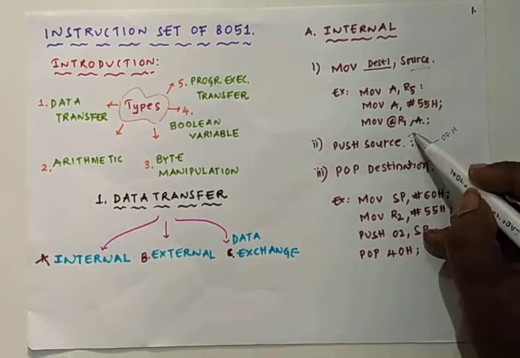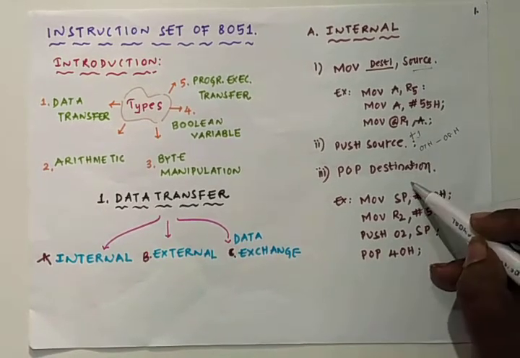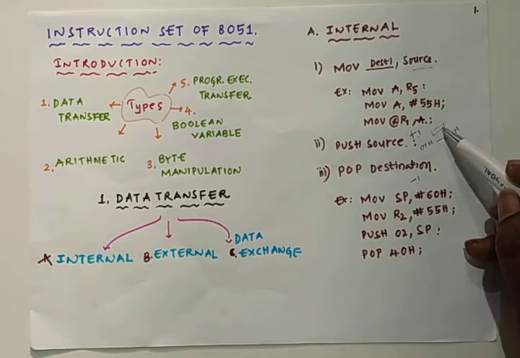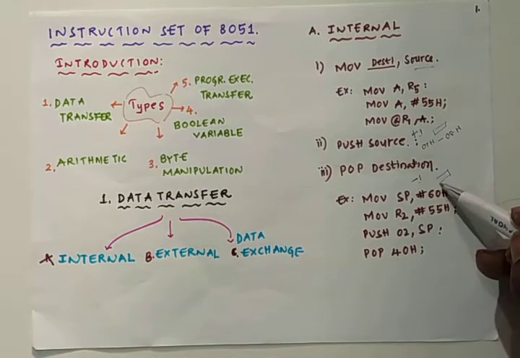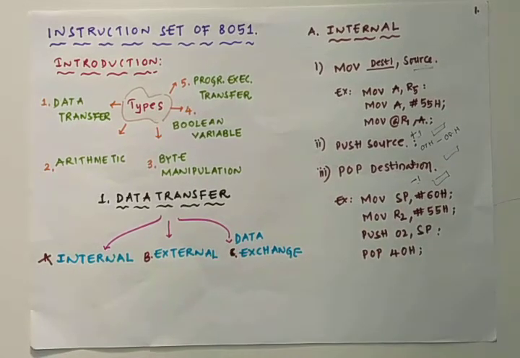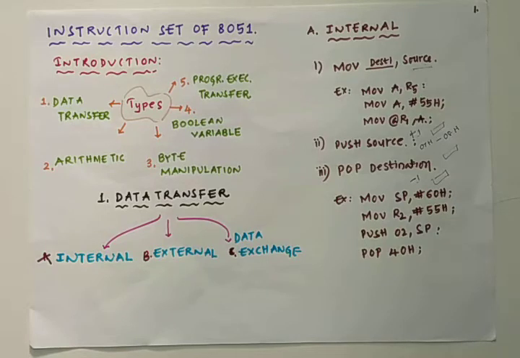So the push increments by 1 and the pop decrements by 1.